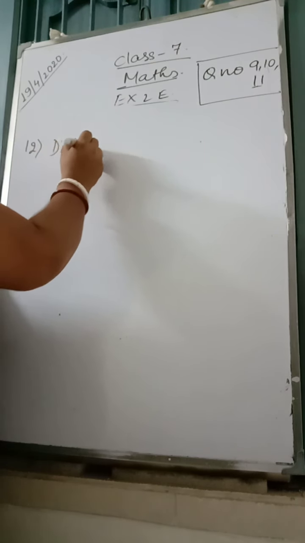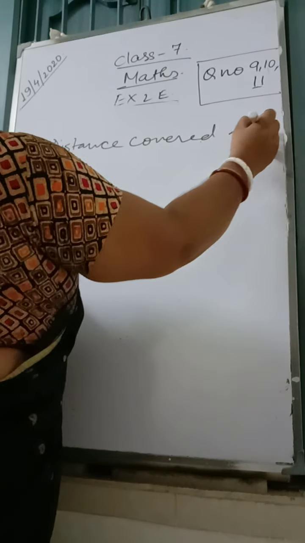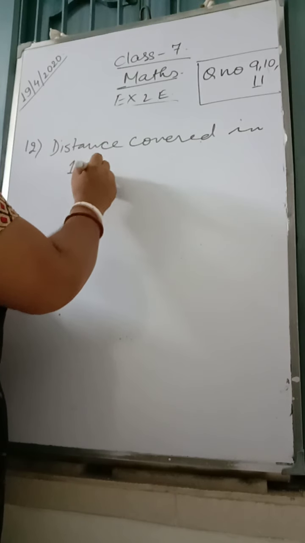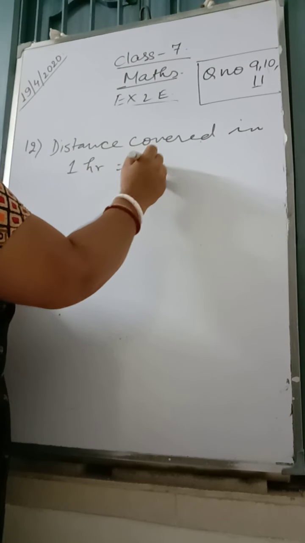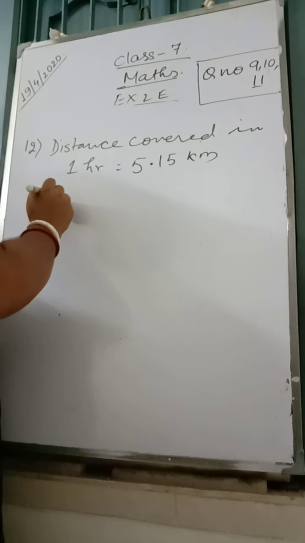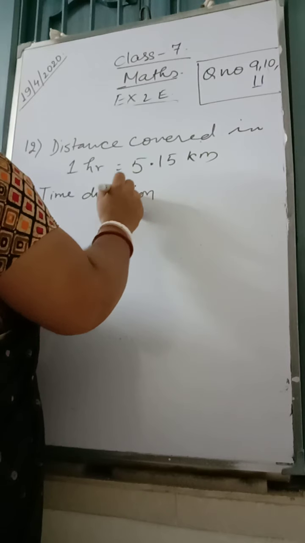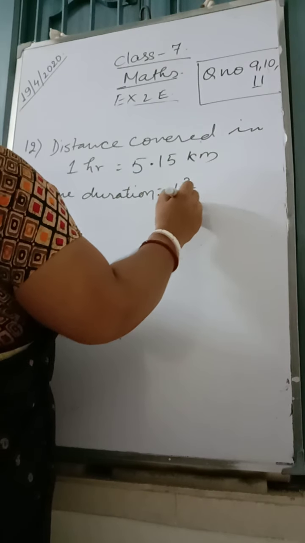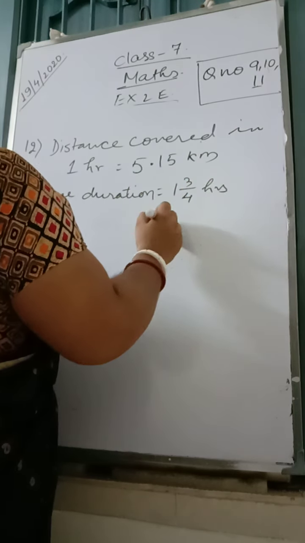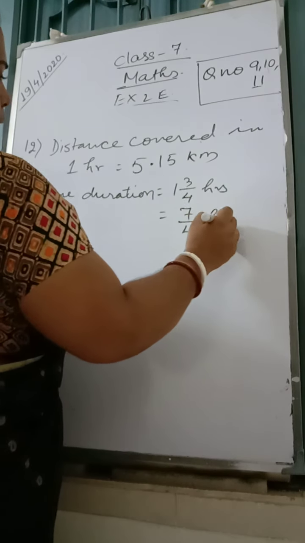Distance covered in 1 hour is equal to 5.15 kilometers. Time duration is 1 whole 3 by 4 hours, or it gives you 7 by 4 hours.